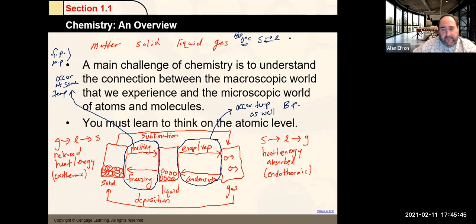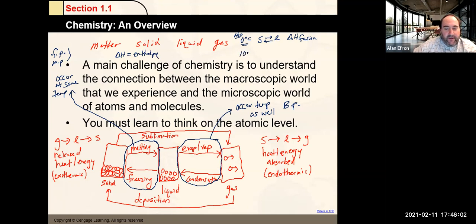That is sometimes referred to as the delta H of fusion, the heat of fusion. Delta H is what's known as enthalpy, a fancy symbol for heat, basically.